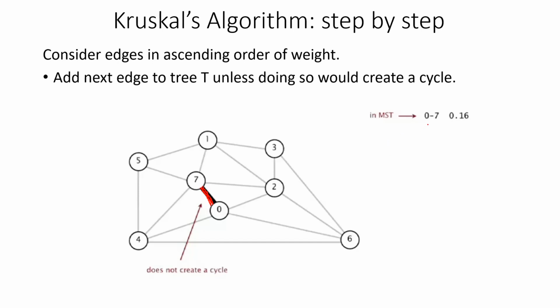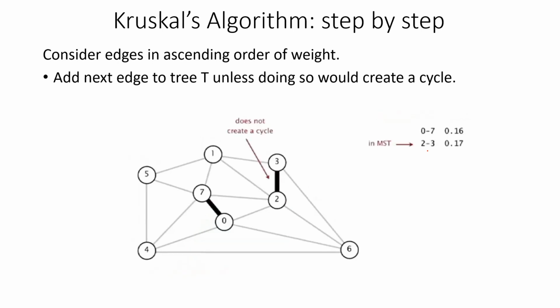So we added the edge into our minimum spanning tree, and at the same time it doesn't create any cycle. Then we have the edge between 2 and 3, with value 0.17. We add this edge into our minimum spanning tree, and there is still no cycle.